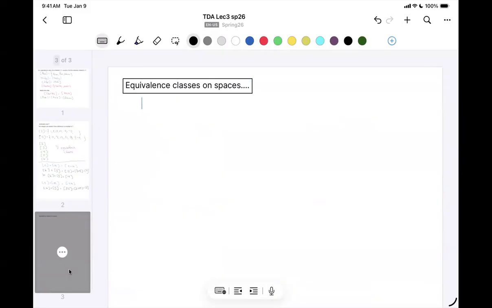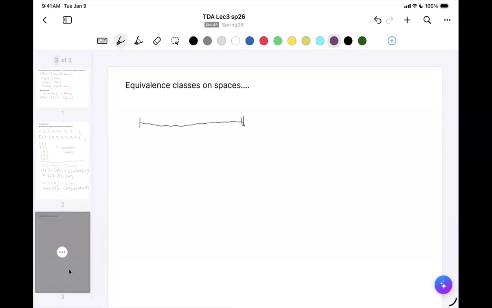First, a very simple one. Imagine you have the interval 0 to 2 pi. So this is the interval on the number line.